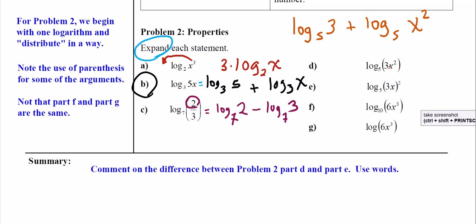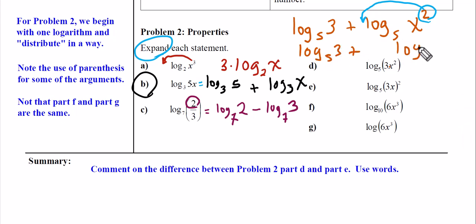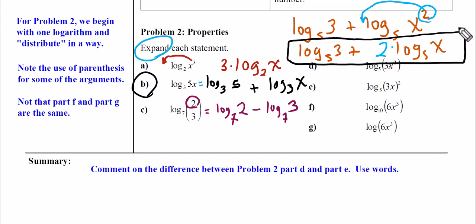But we then notice that this little 2 up here with this x squared is going to fall in front of this logarithm. It belongs to this logarithm. So we have log 5 3 plus log 5 x, and this 2 is going to be in front of this log. So this is the expanded form of part D.